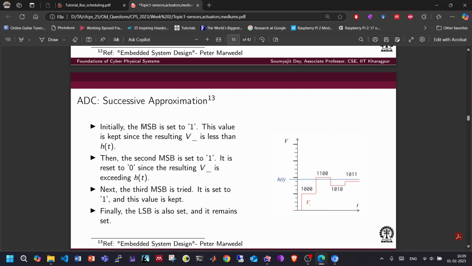What do you mean by MSB? Most significant bit. Yes. When we are measuring from the left, the most significant bit becomes the left one, right? Which one is the most significant bit in this case?